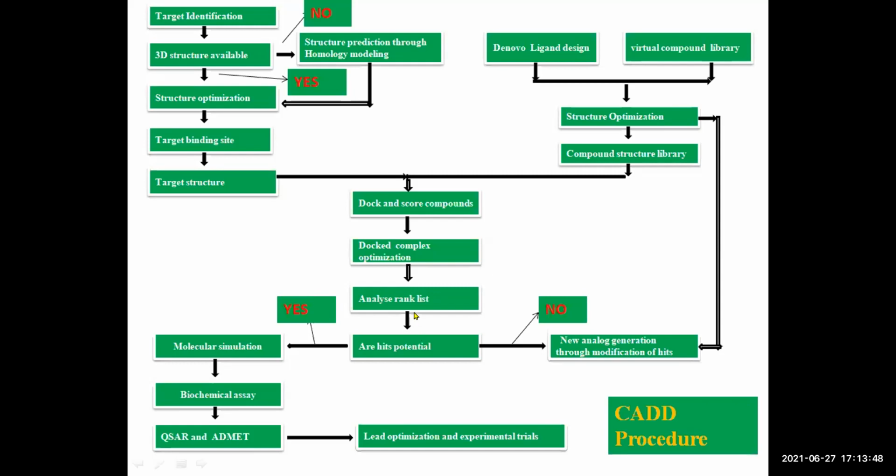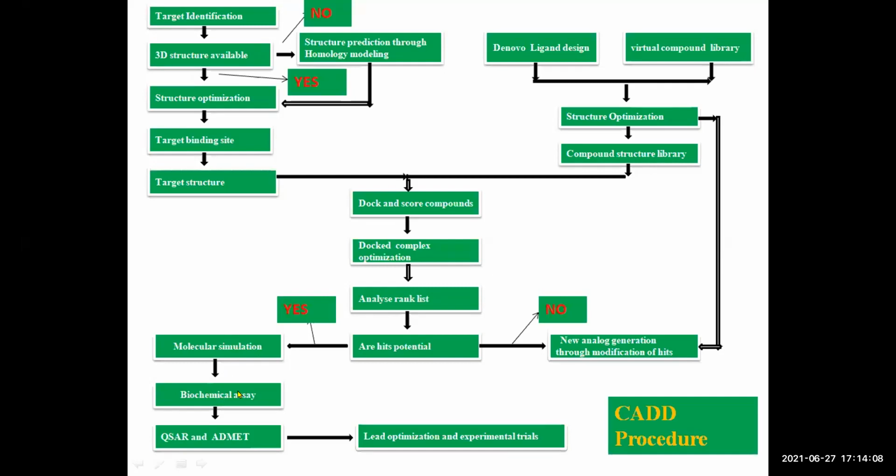If the molecules are probable hits, that means they bind to the particular active site, producing hydrogen bonds or other biological bonds, then they are taken to further molecular dynamic simulation, and then various wet lab analyses are done.